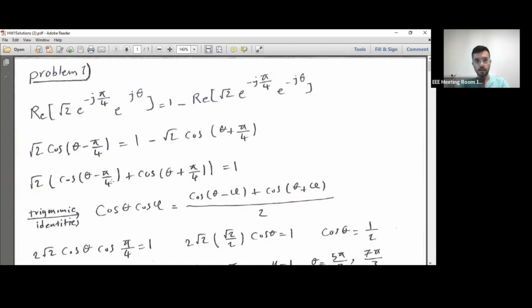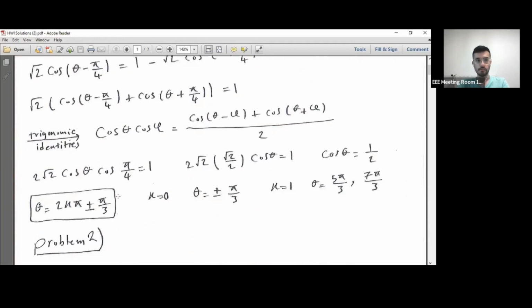As you can see here, we have an equation where we can use trigonometric identities to simplify these two terms. Exactly, phi is replaced with pi over 4. So we can say that this term equals 2 times cosine of theta times cosine of phi.